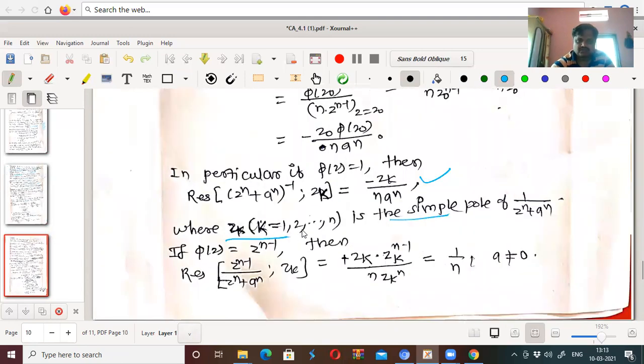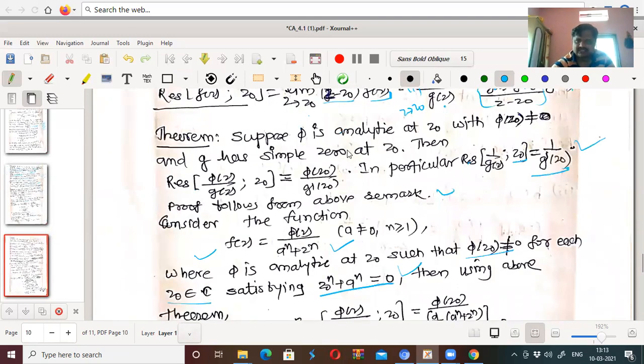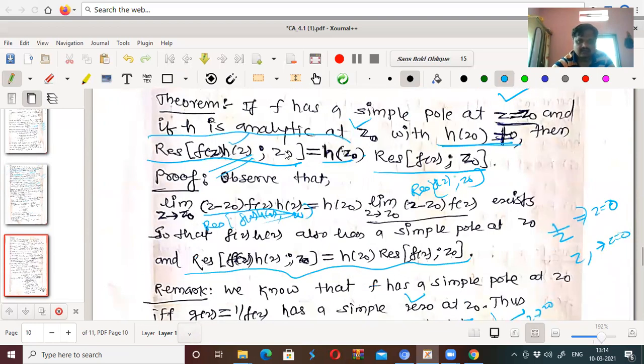So what we have seen in this lecture is this one result. If phi is analytic at z0 with phi at z0 not equal to 0, and g has a simple 0 at z0, the denominator has a simple 0 at z0, then we have this one. Similarly, the second formula: if f has a simple pole at z equal to z0, this function means 1 upon sin z is there, and h is analytic at z0, then we have this formula.